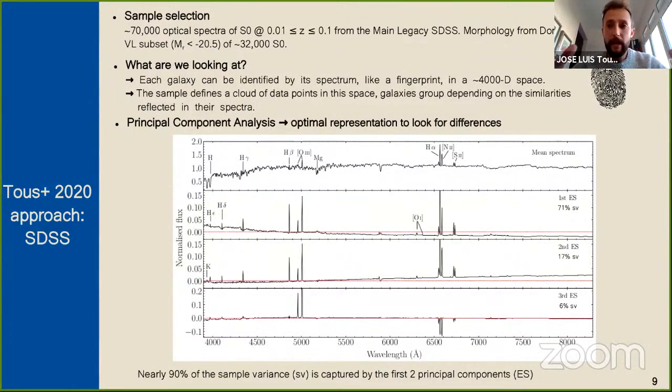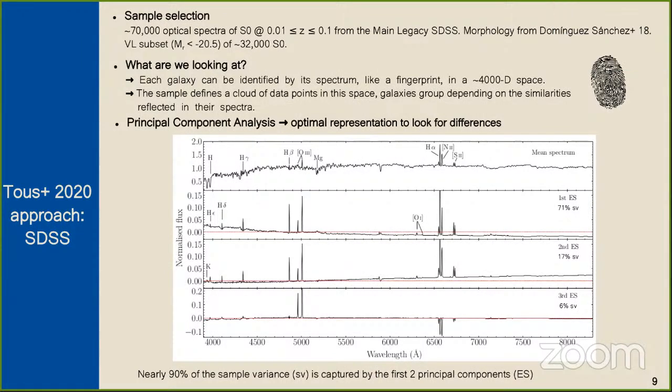Well, if two galaxies have some properties in common, like for example a similar stellar mass, or they share some common origin, they would look in this space of 4,000 dimensions more or less close to each other. Whereas if we have two galaxies that have nothing in common, they would be far away from each other in this space.